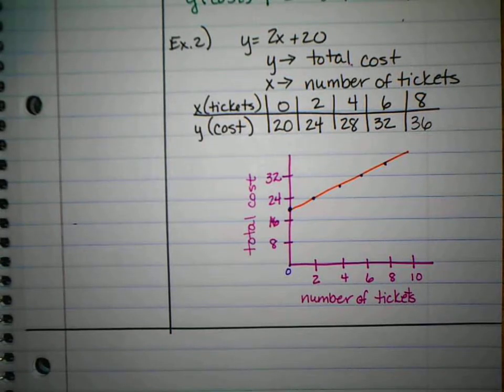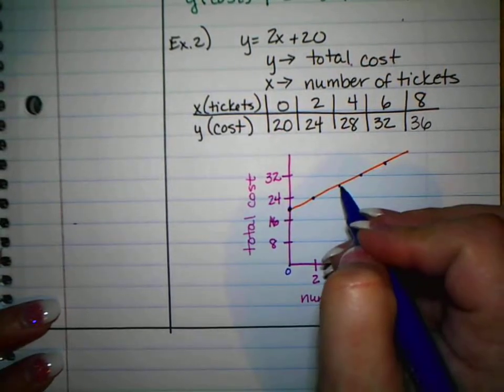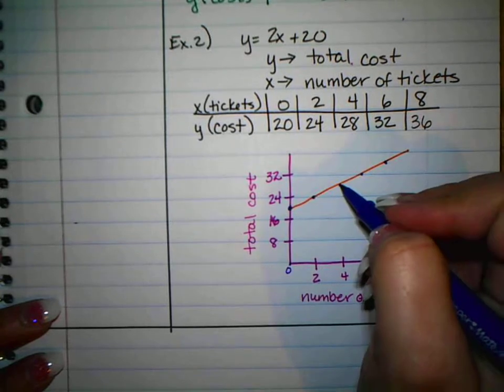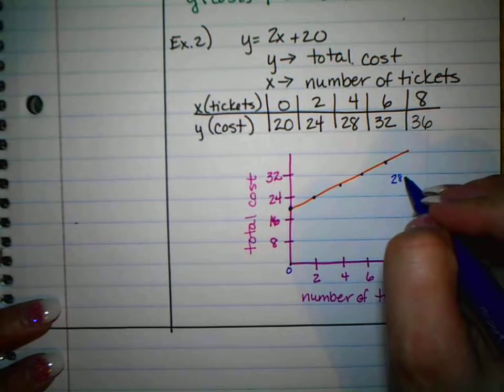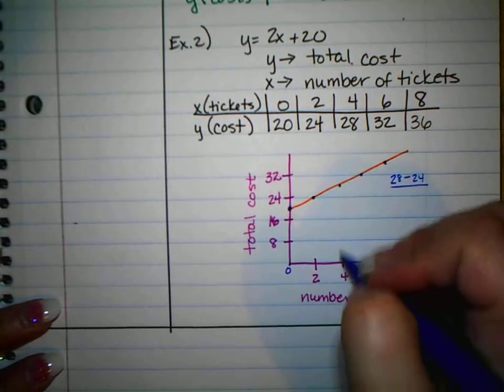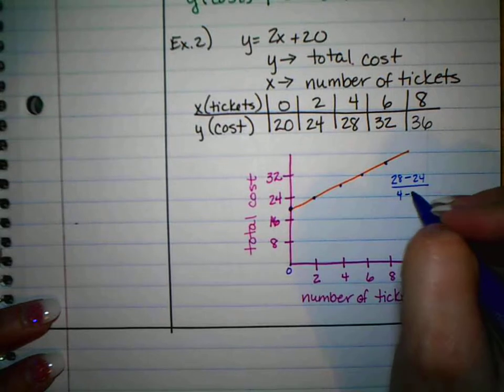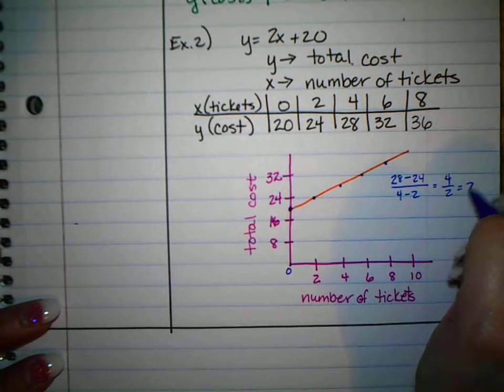We might want to look at, is our rate of change constant between each point and the next? And I could do, let's see, 4 would be 28 minus 24. Again, that's 4 minus 2. 4 over 2, which is 2.